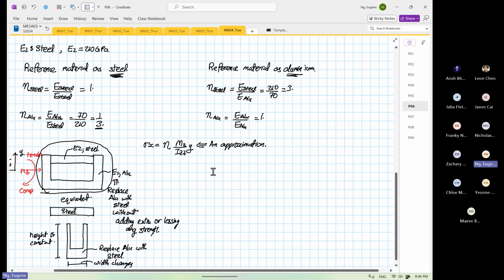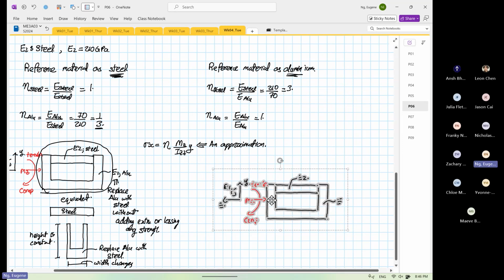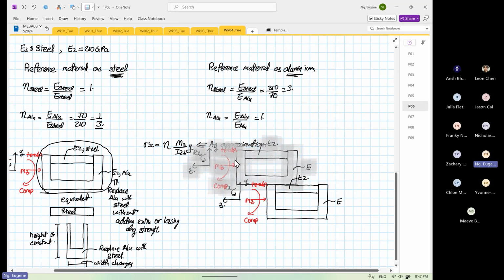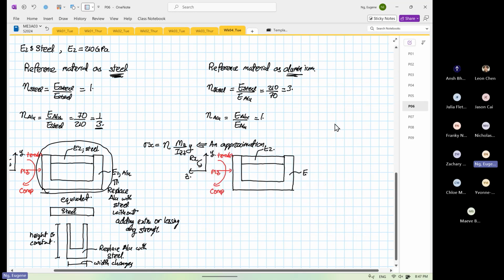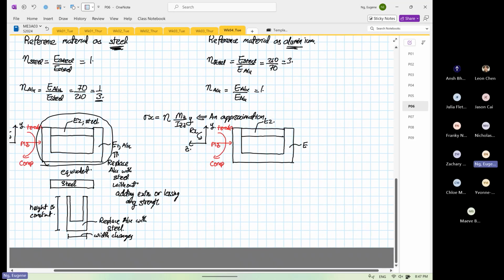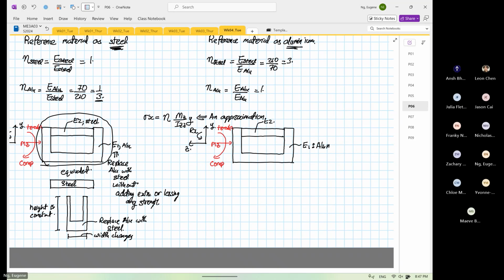So again, if this is the same shape, what we have just done is aluminum is still the same. So this is our aluminum, and this is our steel.